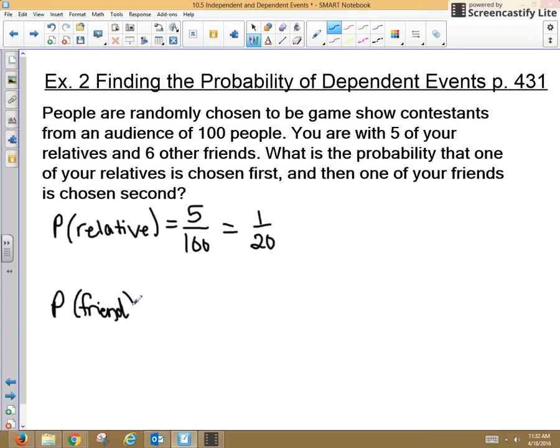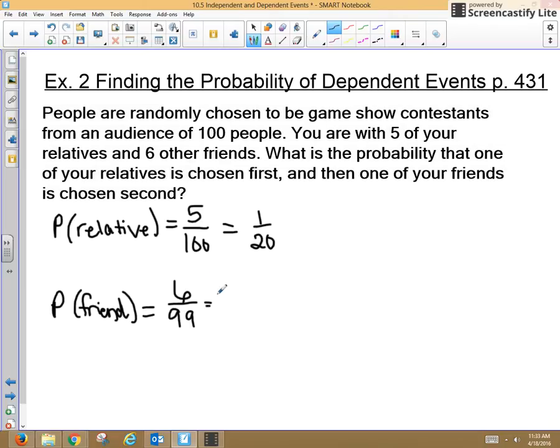We brought 6 friends. But now in the audience, one of our relatives has already gone up on stage. So instead of having 100 people in the audience, we are now down to 99 people in the audience. Our total outcomes decreased by 1 because it depended upon the fact that someone went up the first time.